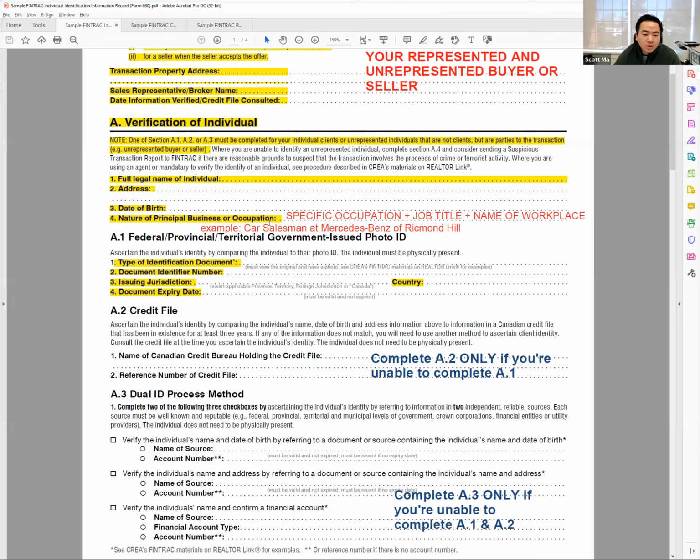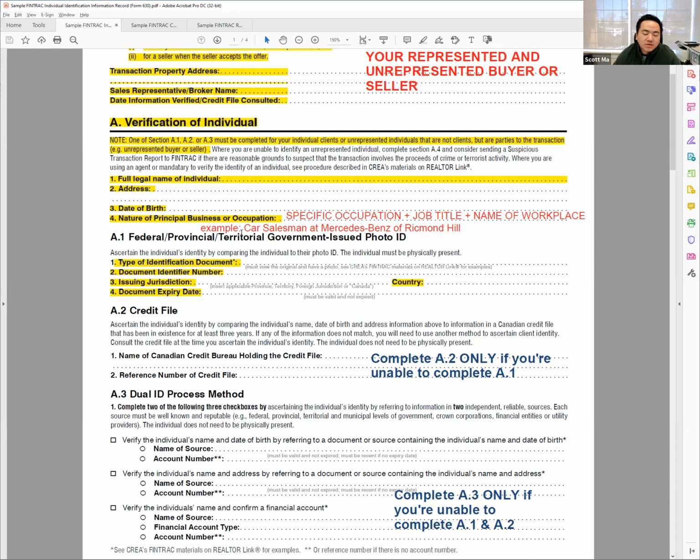On this point, it's not enough to just put that your client is a retail worker, salesperson, or caretaker. You have to put the specific occupation, their job title, and the name of the employer. So here, car salesman at Mercedes-Benz of Richmond Hill.